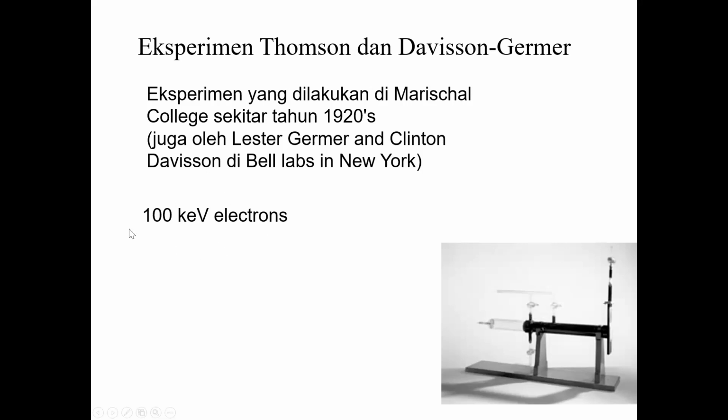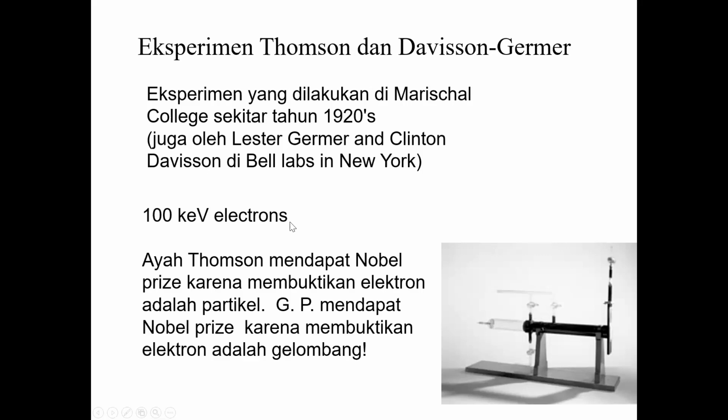So it's quite a big energy in this case. Joseph Thomson won a Nobel Prize because he proved that the electron is a particle, while his son George Thomson became a Nobel laureate because he proved the other way around, that the electron can have wave-like properties.